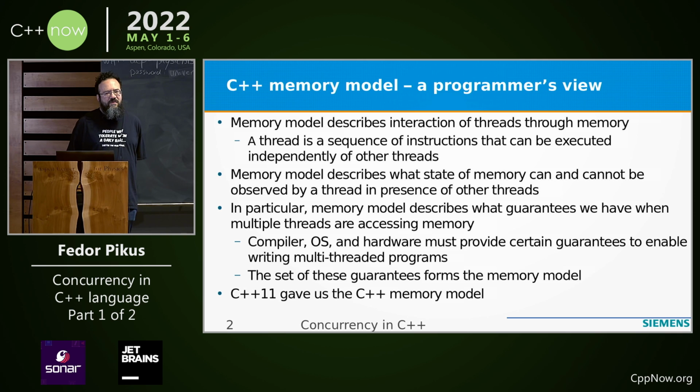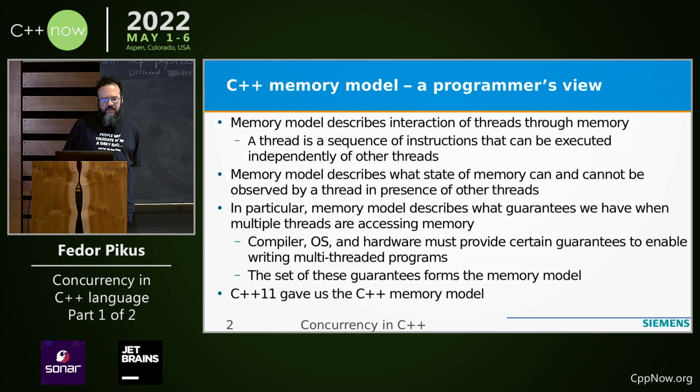Because they basically don't have any other sort of explicit interaction. They all pretend that they have their own CPU, and really they do, kind of. They're running exclusively on the CPU. They can share I/O, sure, but that's still done through memory, at least through the address space. So the memory model describes interaction of threads through memory.